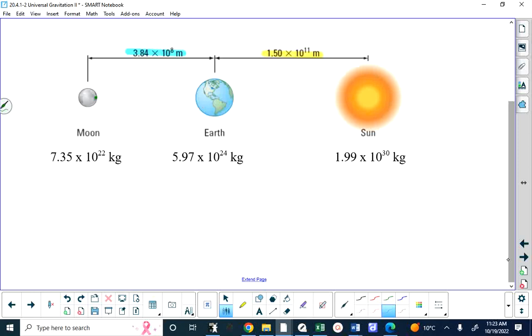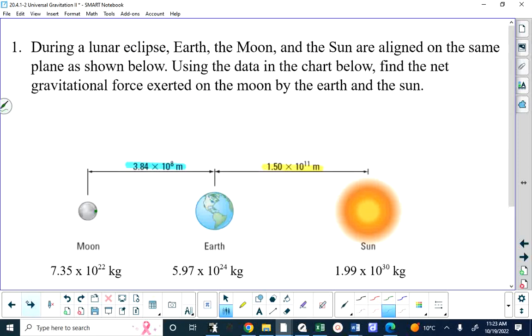The question is this. At this point in time, what's the net gravitational force exerted on the moon by the Earth and the sun? You need to understand something before we go on. Gravity doesn't care if there are objects between them.